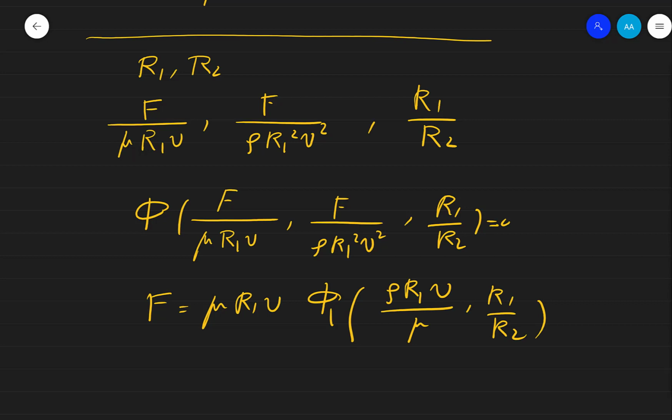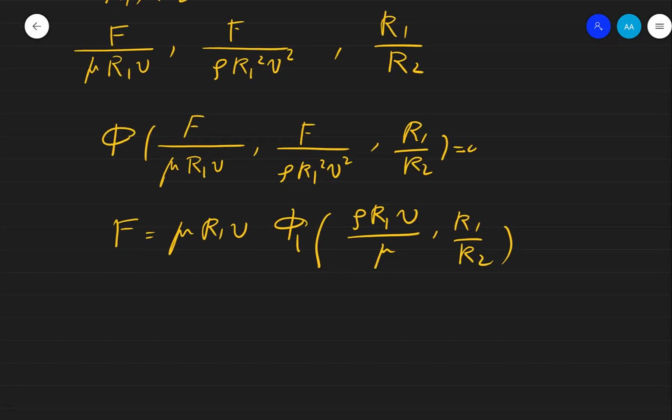In fact, in the last case, we have written F over mu R1V in terms of two other dimensionless quantities.